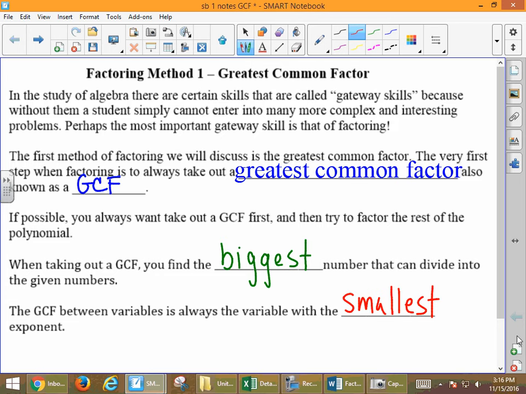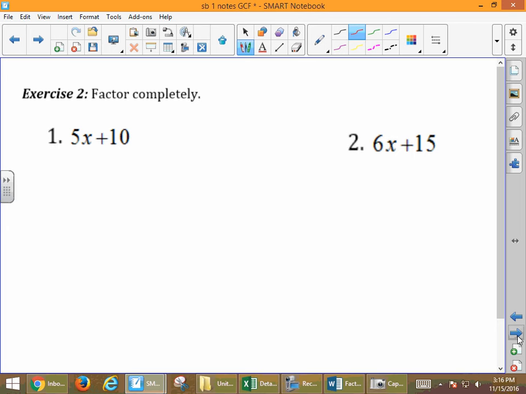But the first example is we want to factor completely, and it's 5x plus 10. And probably back in Algebra 1, what you might have done is rewritten this as 5 times x plus 5 times 2. 5 times x and 5 times 2 are rewriting 5x plus 10 in terms of prime factors.